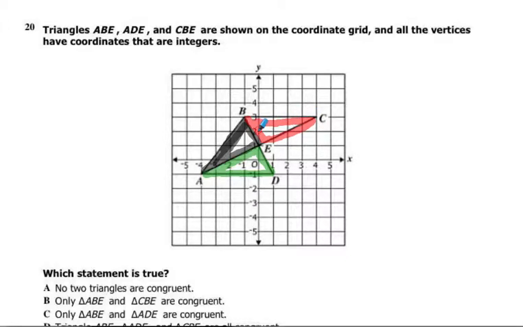And all vertices have coordinates that are integers. Which statement is true? What looks true?